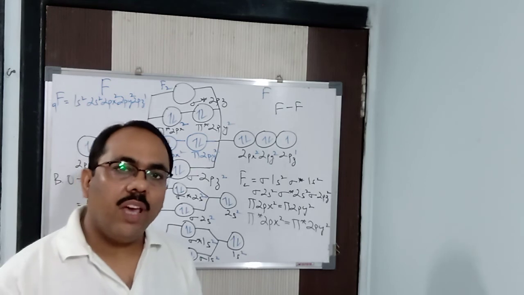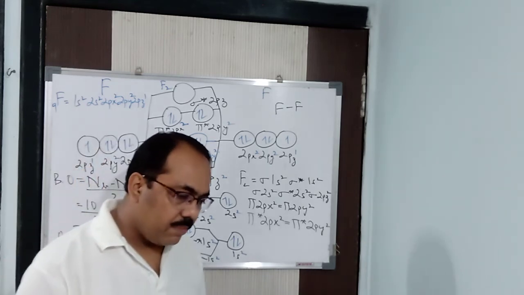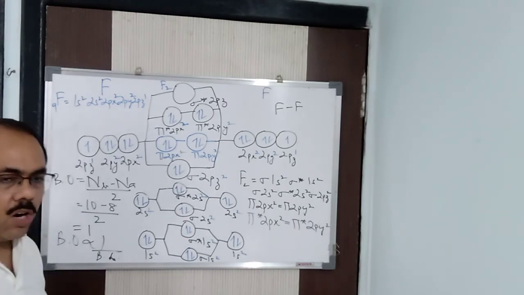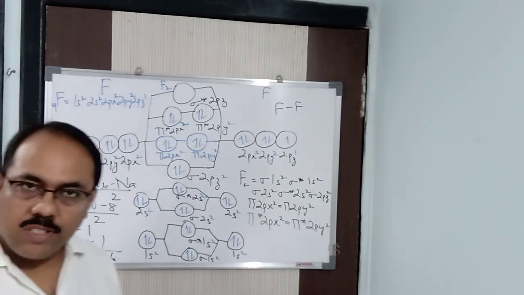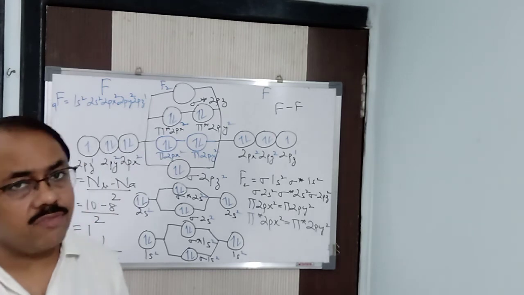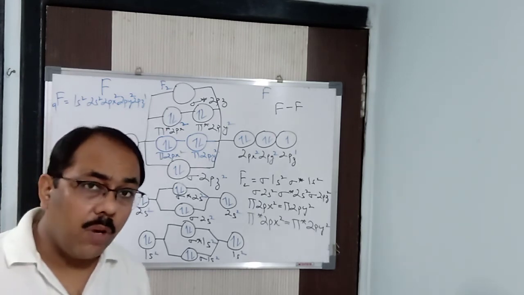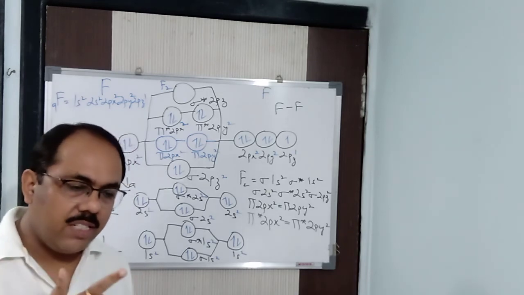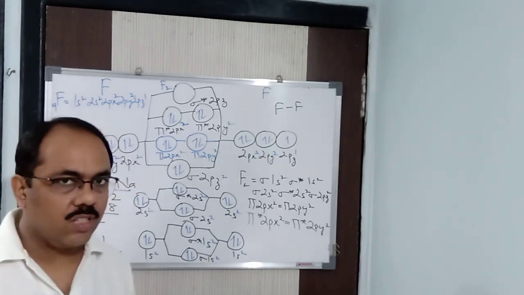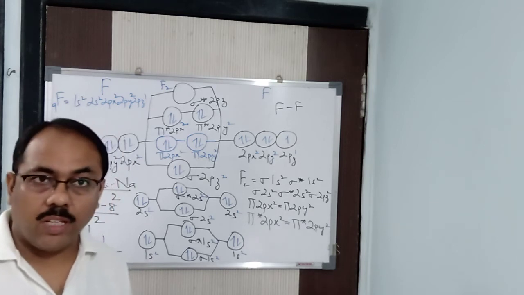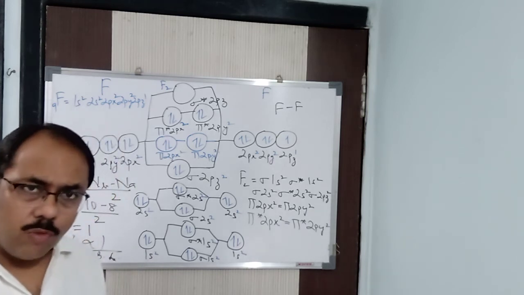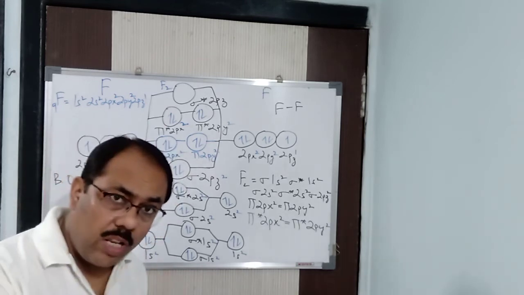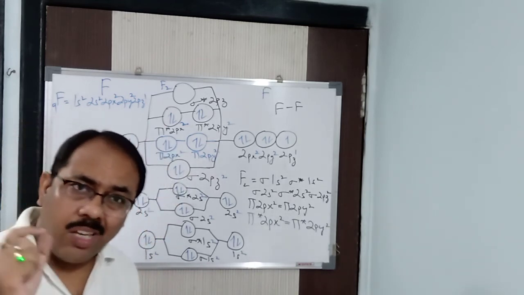Clear? One thing you should remember: what is the relationship between the covalent bond and the bond order? Bond order can be fractional. You will see when you work it out that it is fractional. But the number of covalent bonds in a molecule is always integral, always a whole number: 1, 2, 3, 4.